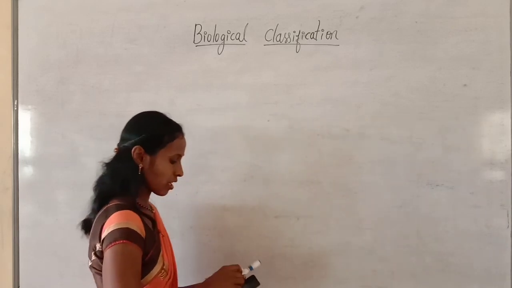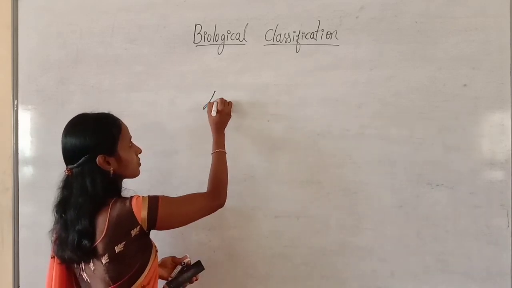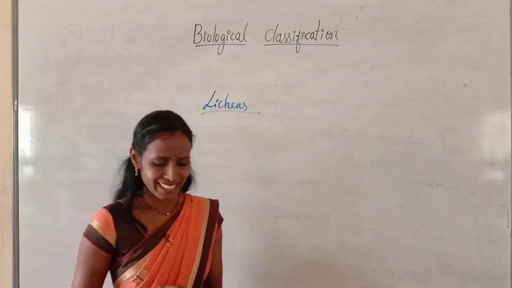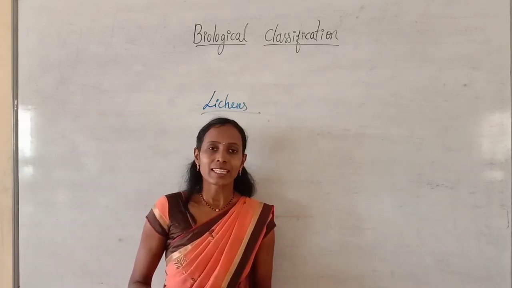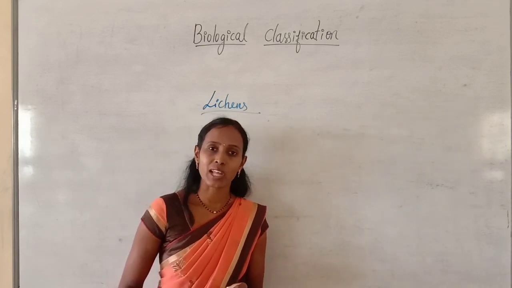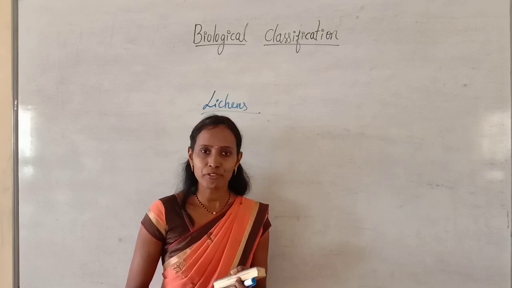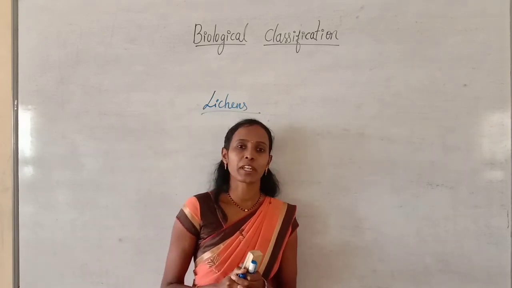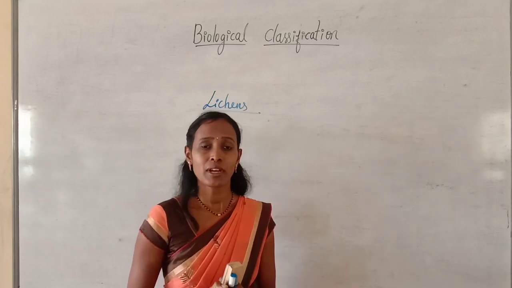Now we are discussing lichens. What are lichens? Lichens are the symbiotic association of an algae and a fungus. You studied symbiotic association while explaining the mode of nutrition in bacteria.